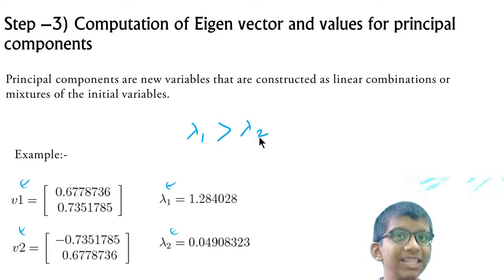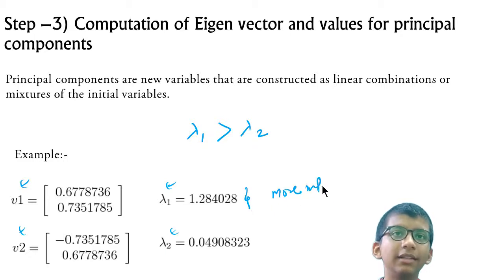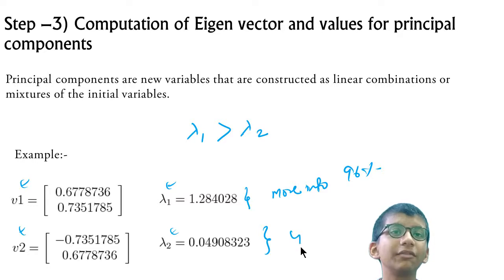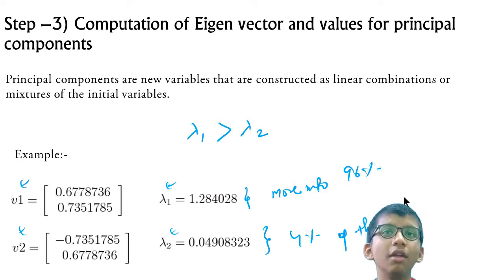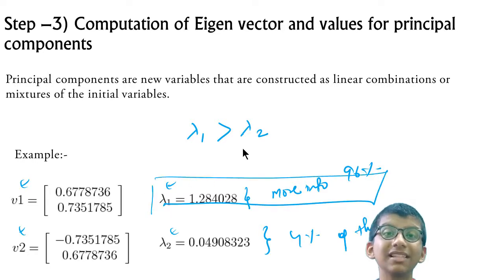It simply means that lambda 1 contains more information. Let's say it contains 96% of the variance data, and the other contains 4% of the variance data. So we will simply go with lambda 1 and its eigenvector.